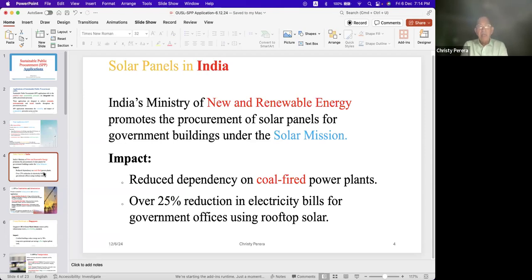Some of these missions are there, no? So like that, India has Solar Mission. That is the name of their project. India's Ministry of New and Renewable Energy promotes the procurement of solar panels for government buildings under the Solar Mission project.